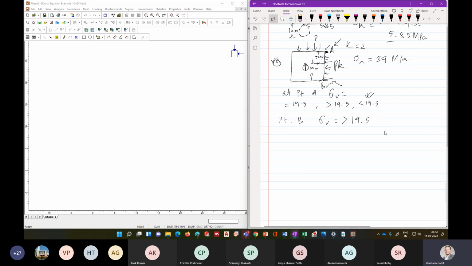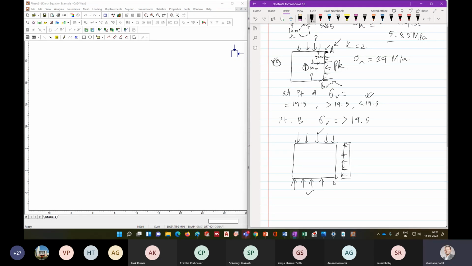Right, because this is kind of a triangular distribution of stresses. It will be something like this. At this point the stresses are more, at this point a little bit less, and this is the least. Similarly, if you compare the stresses at the boundary on the top with the boundary at the bottom, at the top point the stresses will be less, right?